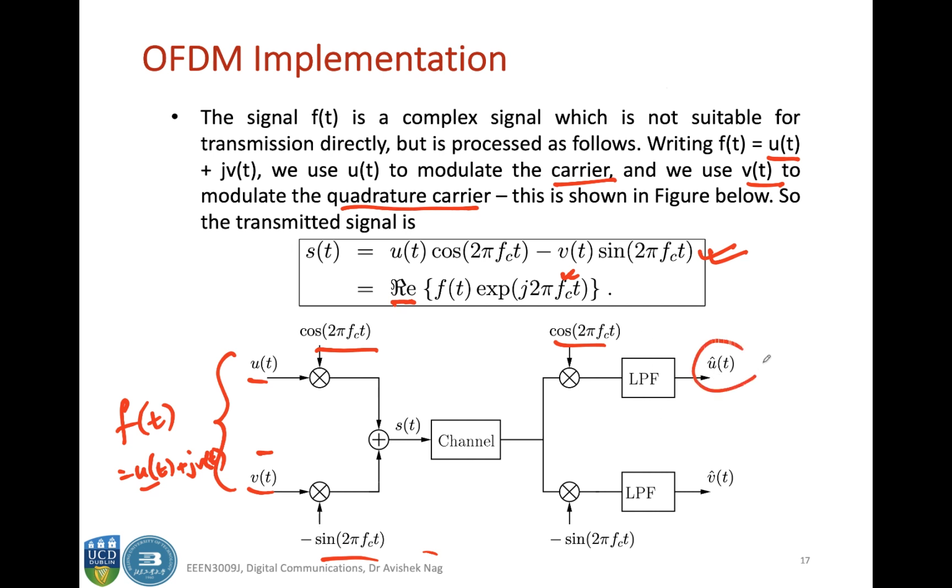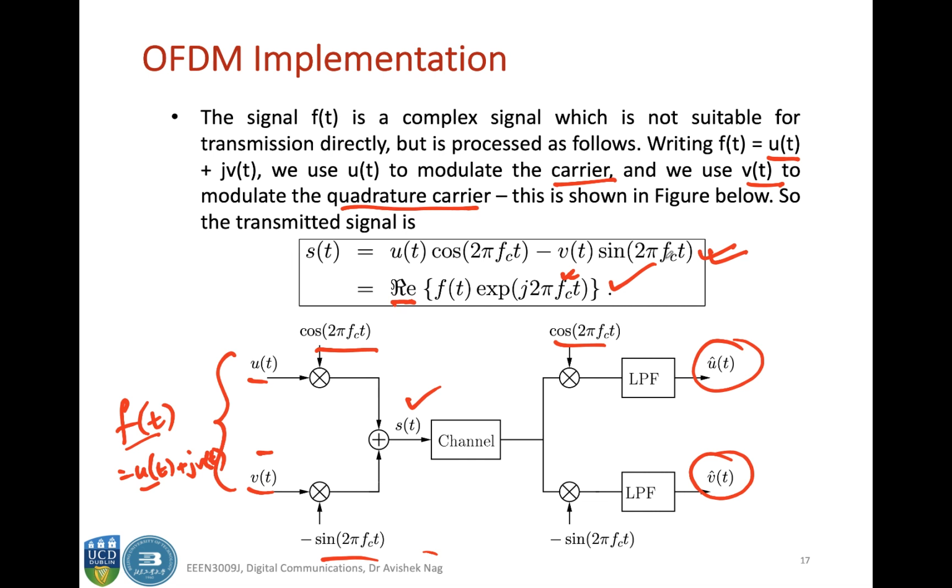You want the difference frequency component to retrieve UT and VT, so you pass this through a low pass filter. So FT is represented by UT plus JVT, and the actual signal ST is this.